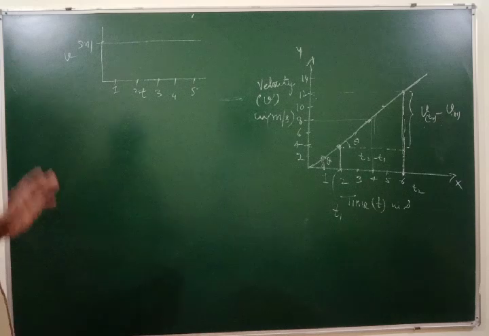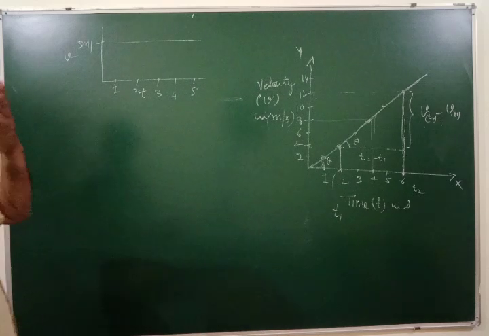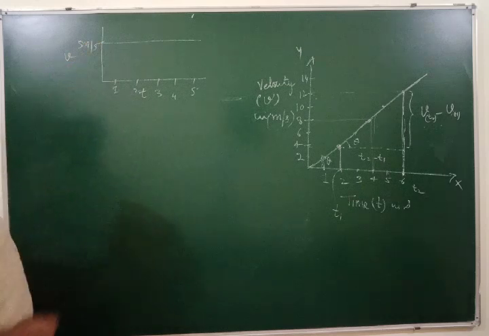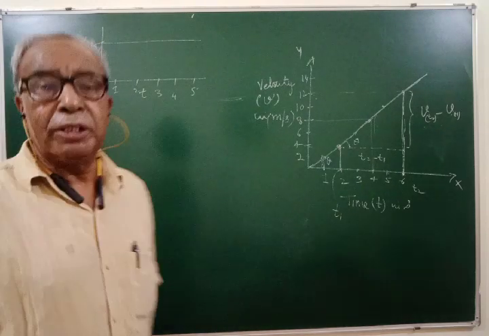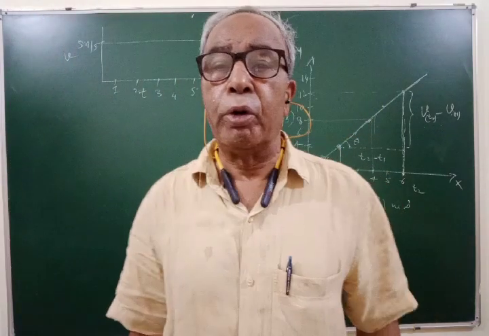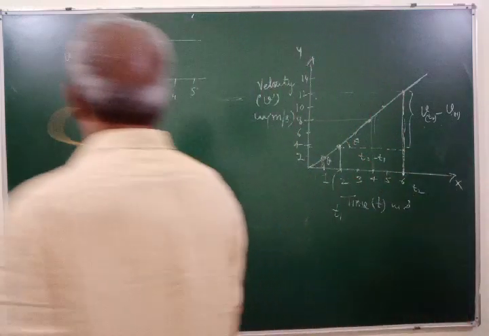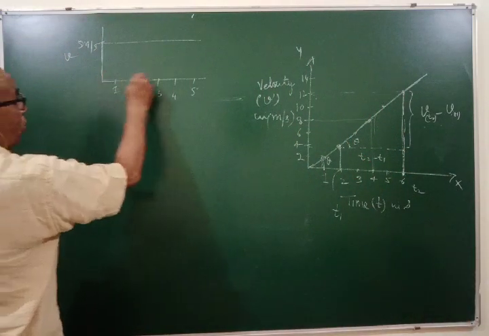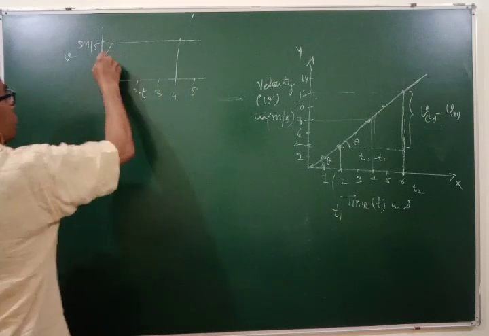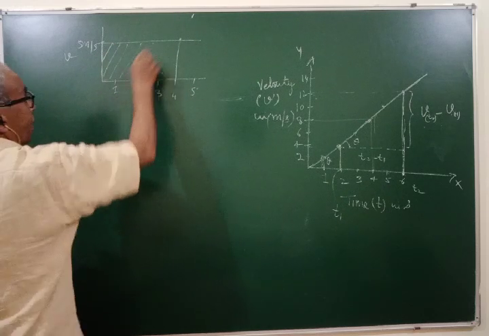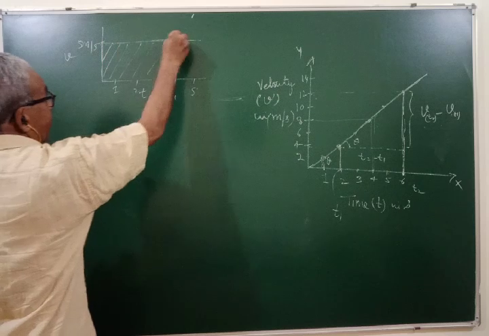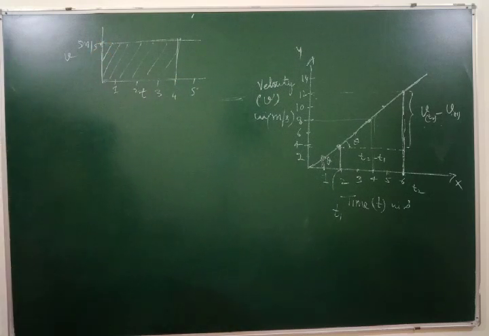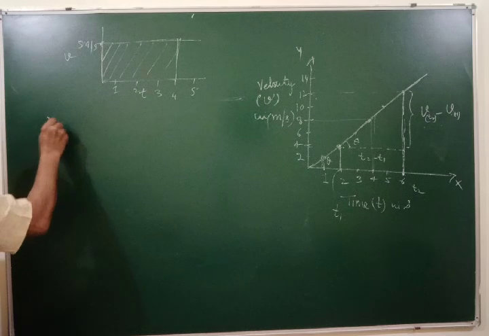So now if I say, okay, find the distance traveled by a body if its speed is 5 meter per second in 4 seconds, then simply we say 5 into 4, 20 meter. So 20 meter here, 5, this 4 is this. You see, it becomes a rectangle. So this rectangle area here is telling displacement.